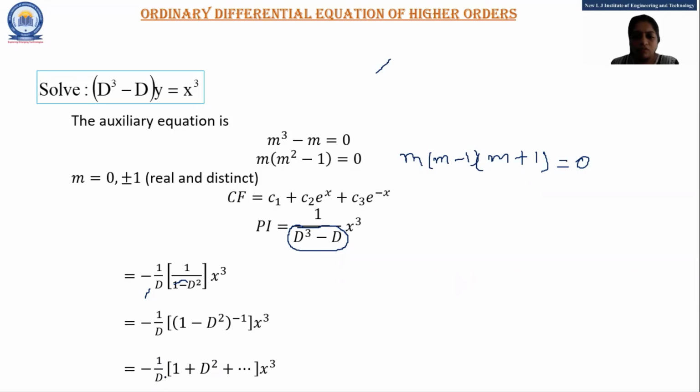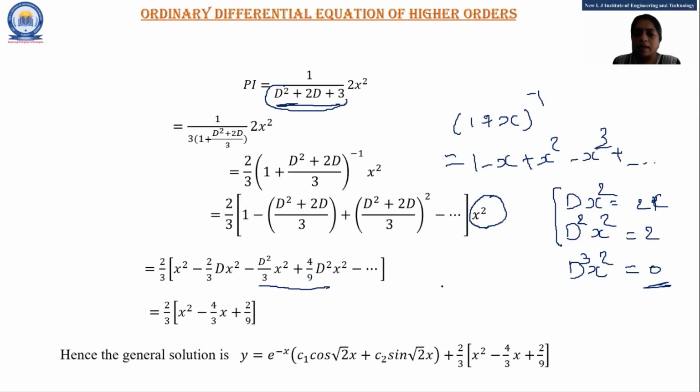So minus 1 by D. Now, 1 minus x raised to minus 1, in the previous slide, this was a plus sign. If one sign is plus, then it goes minus, plus, minus.